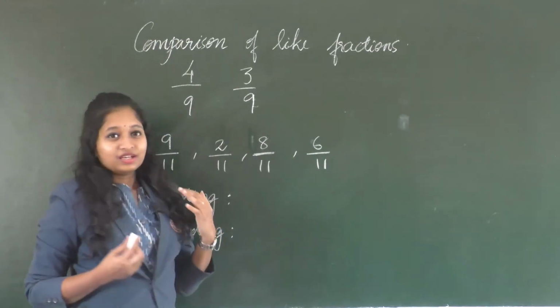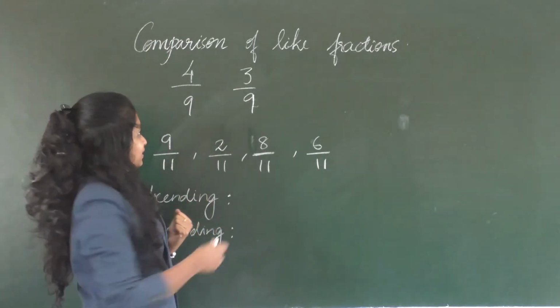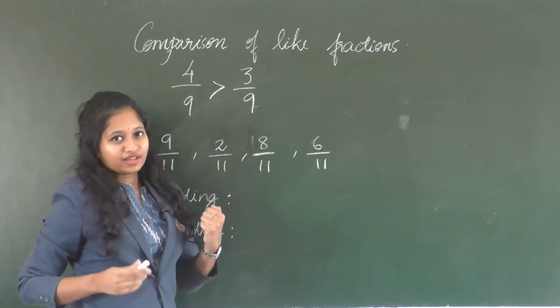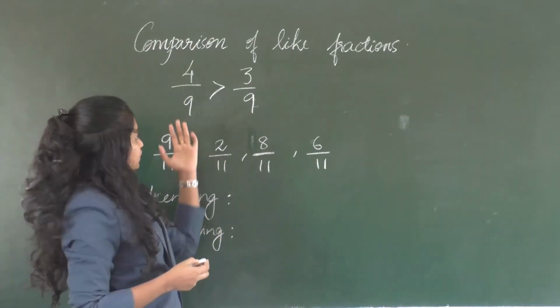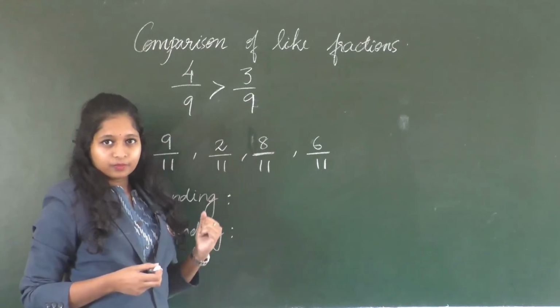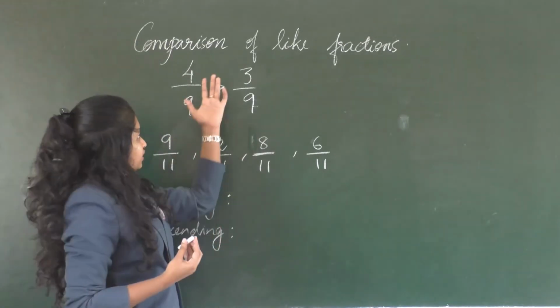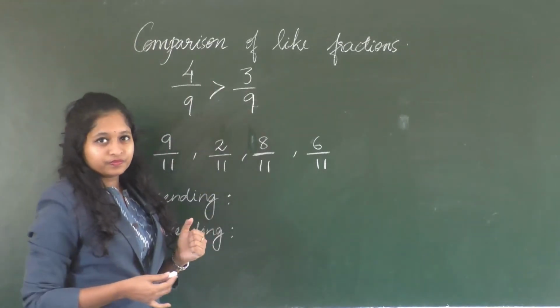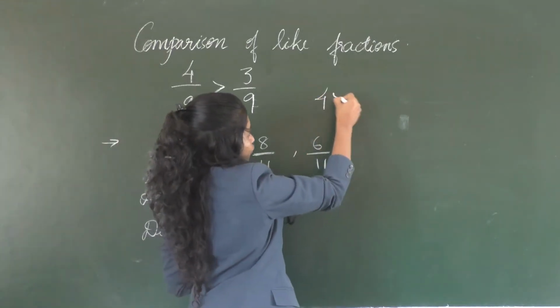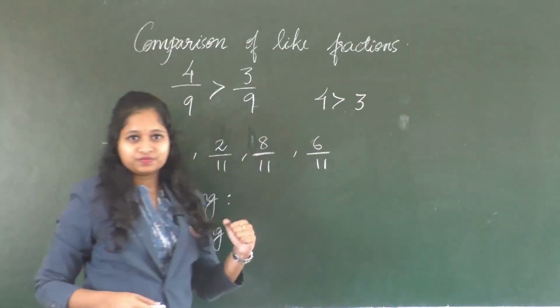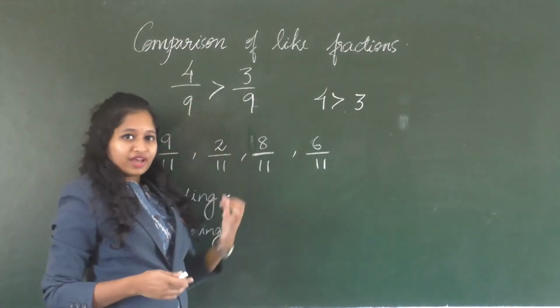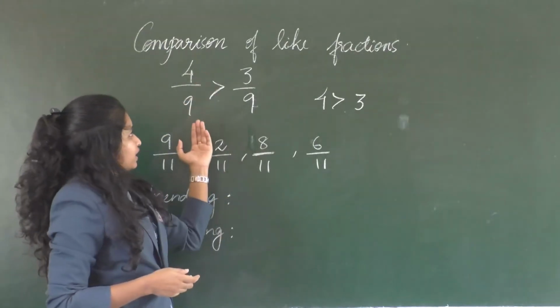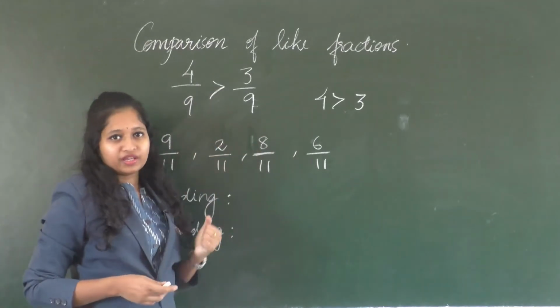Okay. 4 by 9 is only greater than 3 by 9. Okay. How is it? Since the denominators are same, we have to just look at the numerator. So we already know 4 is greater than 3, isn't it? So in fractions, 4 by 9 is only greater than 3 by 9. Okay.